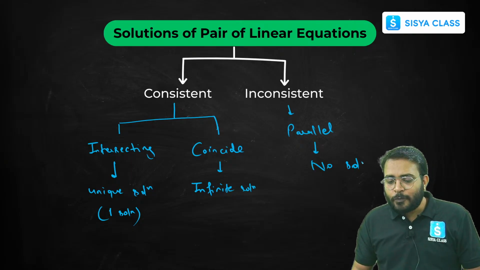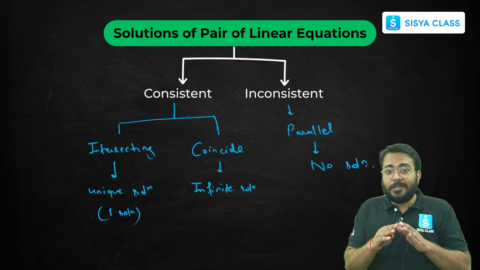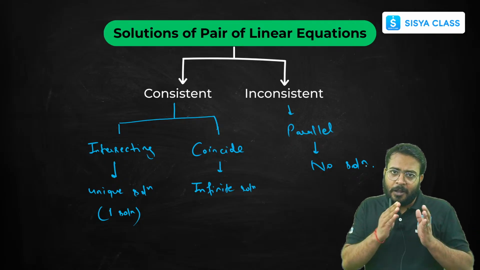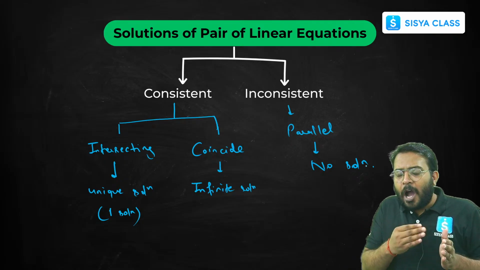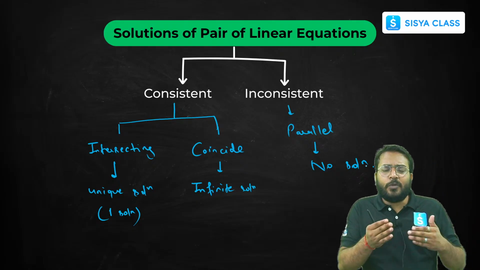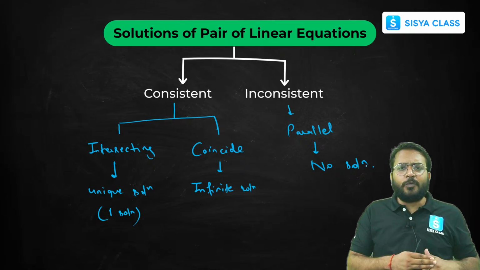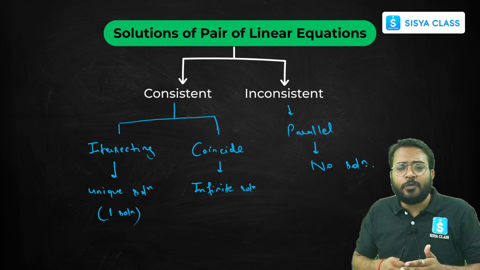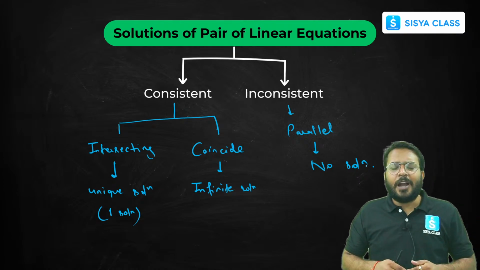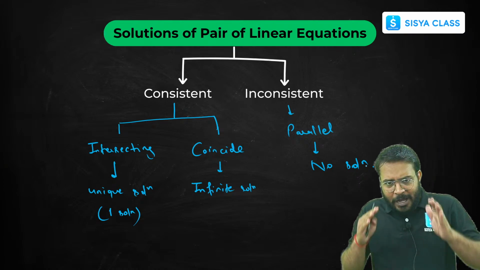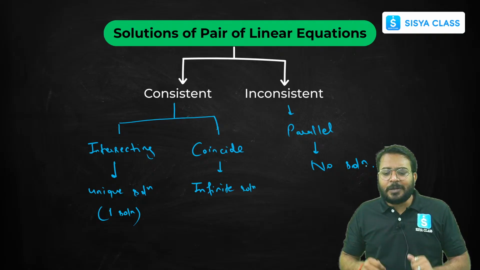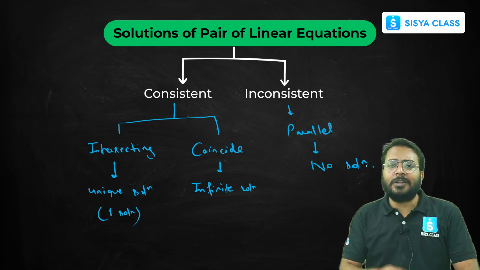We will see the graphical representation of these three cases also: how intersecting lines look and why they have only one solution, why coinciding lines have infinitely many solutions, and why parallel lines have no solution. We will see this when I discuss the graphical method.